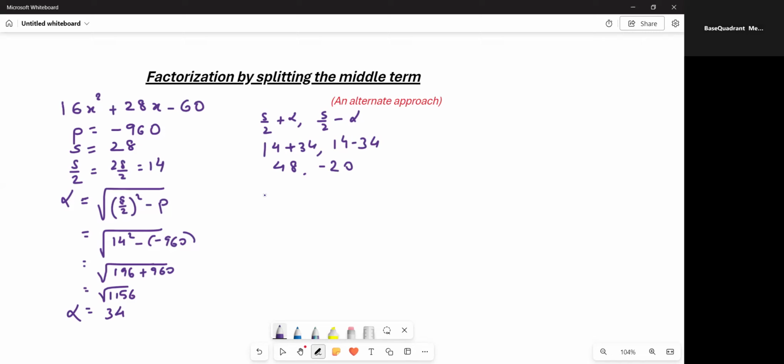Now let's do the factorization. 16x squared plus 28x minus 60 is equal to 16x squared plus 48x minus 20x minus 60.